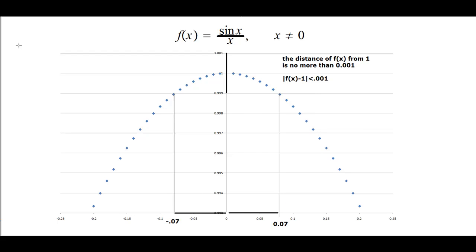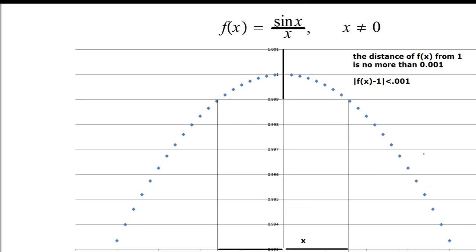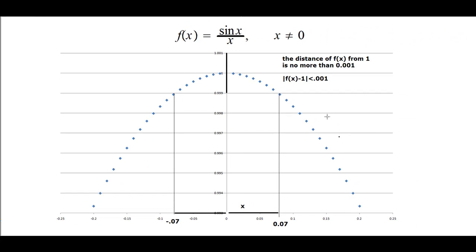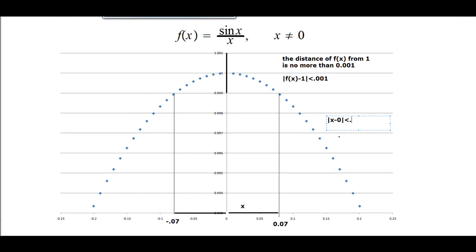So here, let's describe the behavior of our x values. So here we have x. Now we are looking at the distance of x from 0, and I'll write it in a little formal fashion. That is the absolute value of x minus 0, and what we have here for these values is that it is less than 0.07.